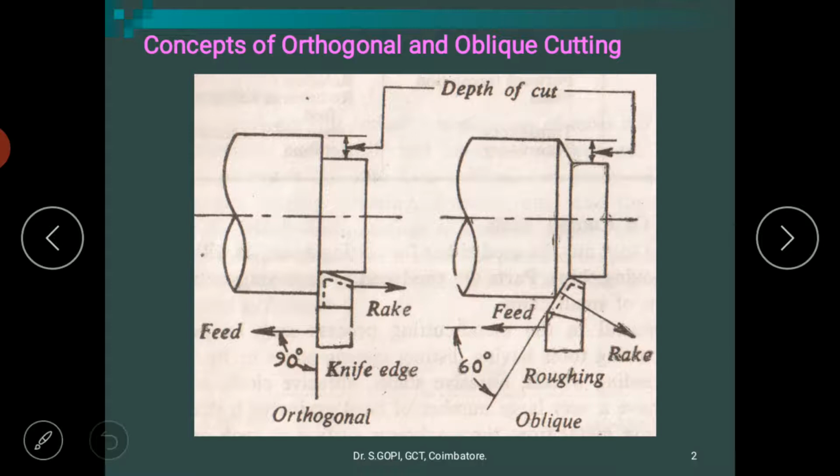Again you can observe from this slide that the depth of cut in both cuttings is the same. For the same depth of cut, here the cutting edge is perpendicular to the feed direction in the orthogonal cutting. For the same depth of cut, here the cutting edge has some angle of inclination with the feed direction. That is called oblique cutting.